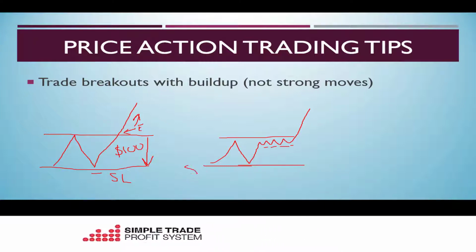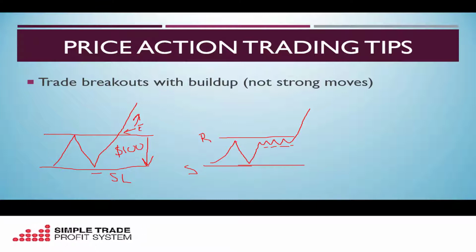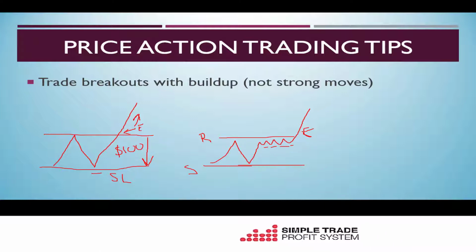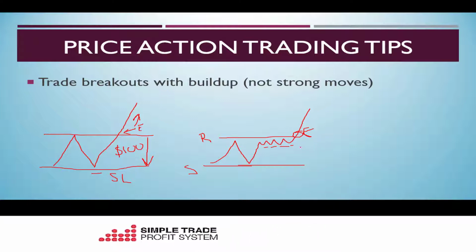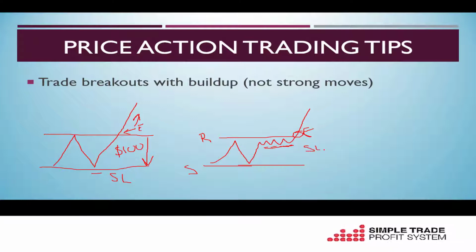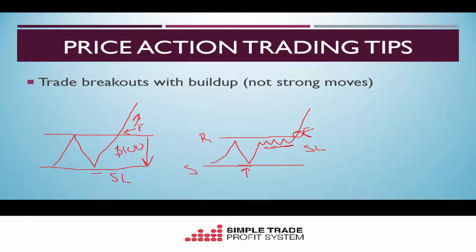Now, compare it to this one. So we have our support down here, our resistance. You're wanting to trade the breakout, but instead of a strong move into the resistance, we had a buildup right underneath. So you still enter the trade right here. Where do you set your stop loss now? Now you can set it under this swing low. Any of these swing lows right here can be your stop loss, rather than having to set it all the way down here, because this has now acted as support.